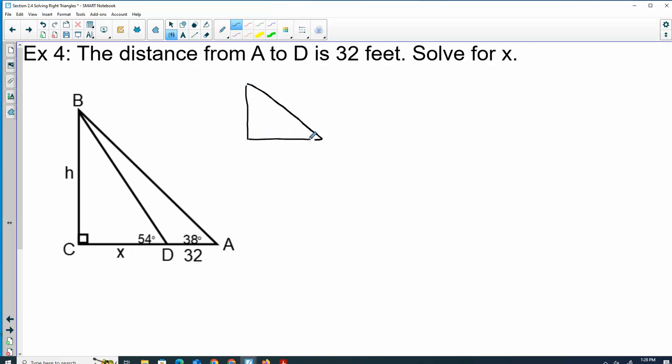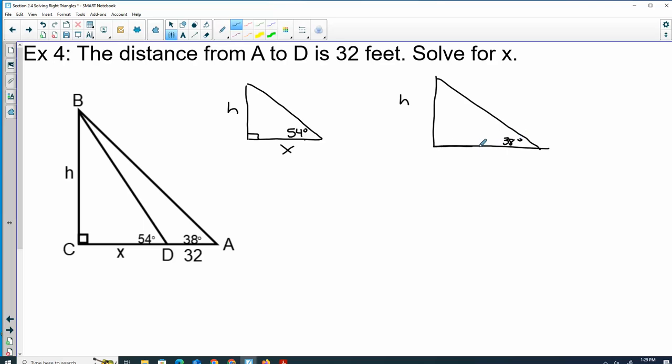But the only information I have in that is that this is 54 degrees. Here's X and here's H. If I'm going to find X, I need at least one of those sides. In the whole triangle, we know that this is H. This is 38 degrees.